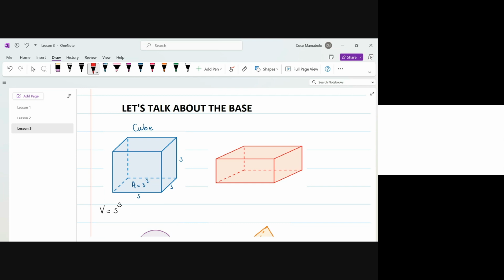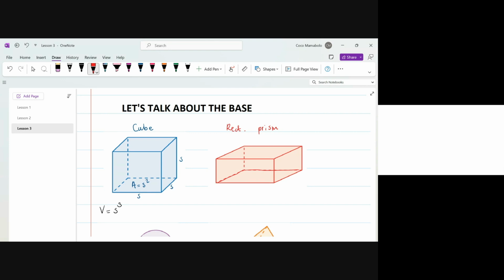Let's move on to our rectangular prism. Now, if I look at the shape, I know that my base shape is going to be a rectangle. Are we all in agreement?